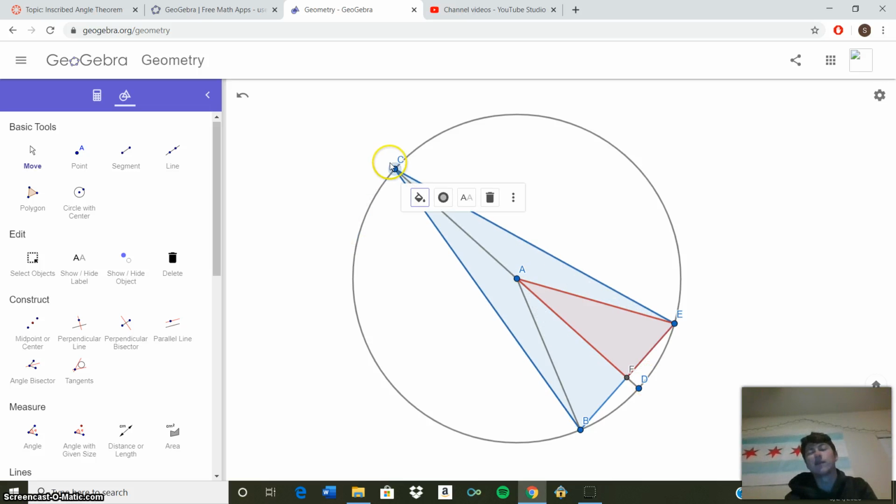So we still have that. And we know that this angle here is half of this angle, angle EAF, or EAD.